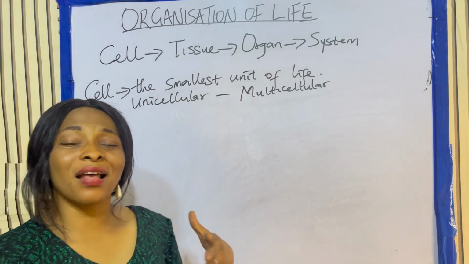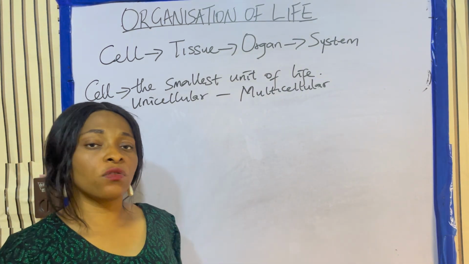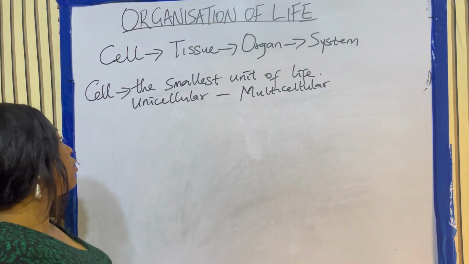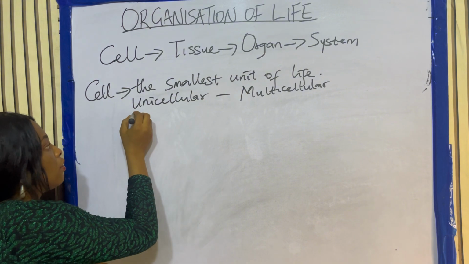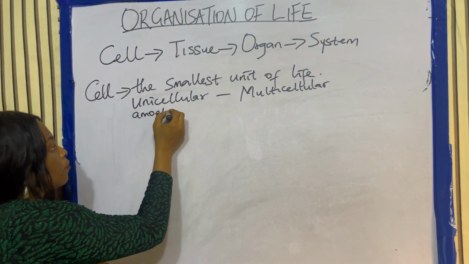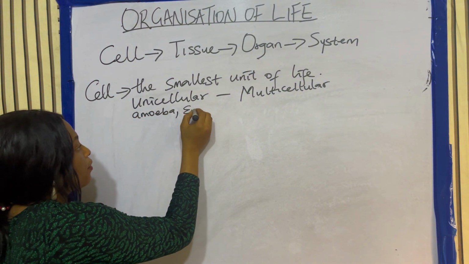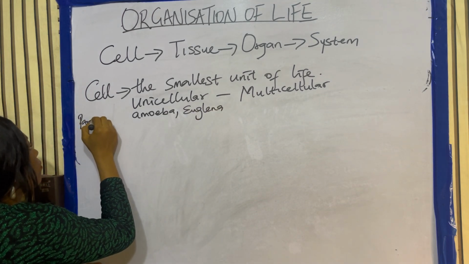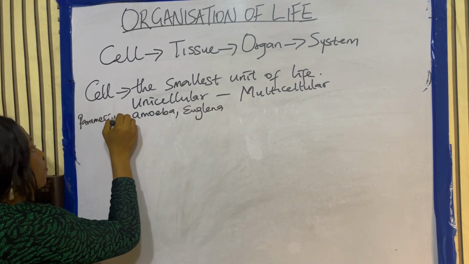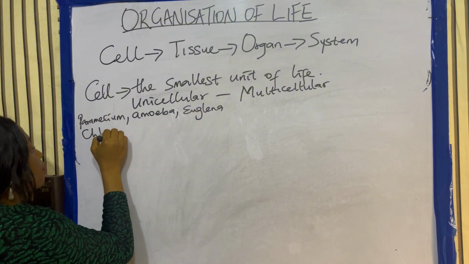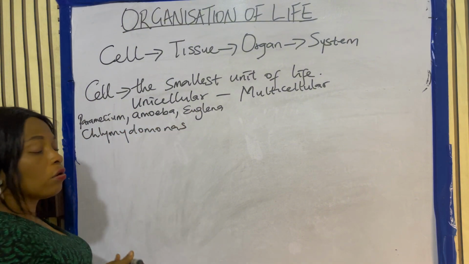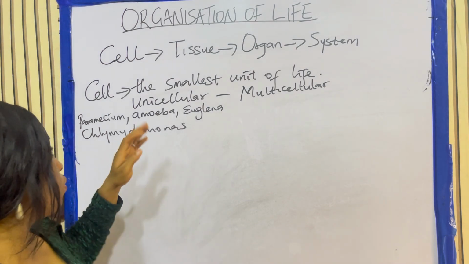Then there are organisms that have more than one. We refer to them as what? Multicellular organism. Examples of an organism that exists as a unicellular, you have amoeba, you have euglena, you have paramecium, you have chlamydomonas, etc. So these organisms are referred to as what?